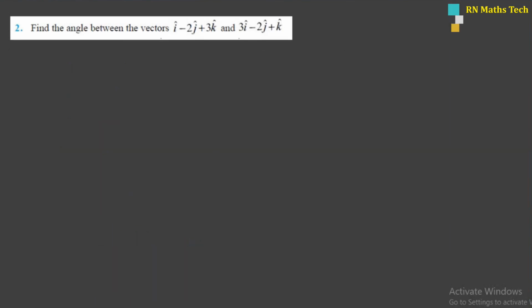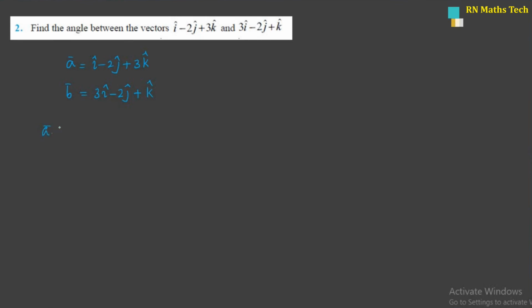Now the second one, find the angle between the vectors a bar equal to i minus 2j plus 3k, b bar equal to 3i minus 2j plus k.